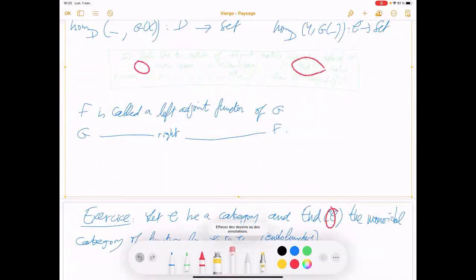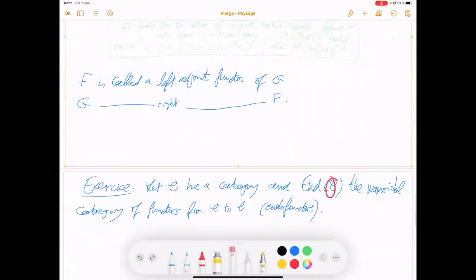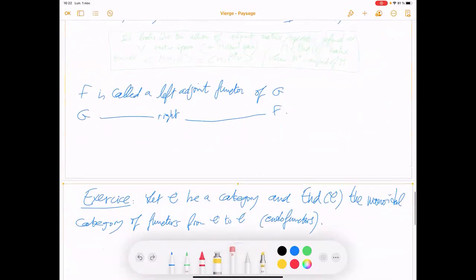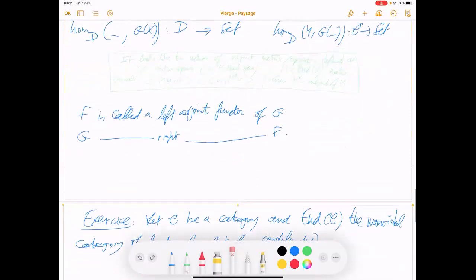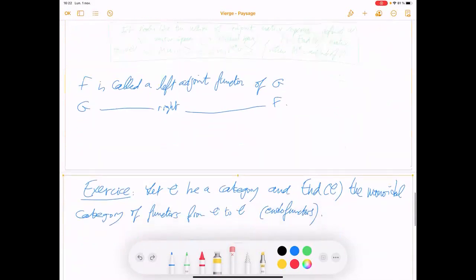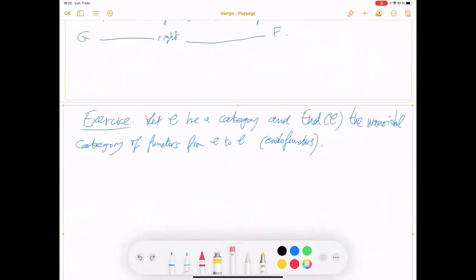At least you have the same notation, endofunctor, and this is endomorphism for V. Endo means from it to itself. Okay, so you take the monoidal category of functors from C to C, the endofunctors.